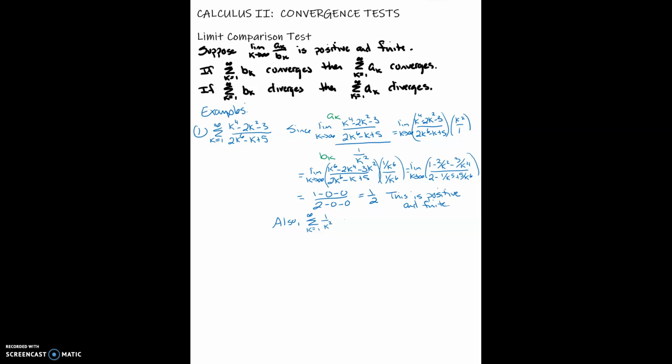Well, this is a p-series with the p-value being 2, which is greater than 1, which means that this series of b sub k's converges. Thus, my original series of a sub k's also converges.